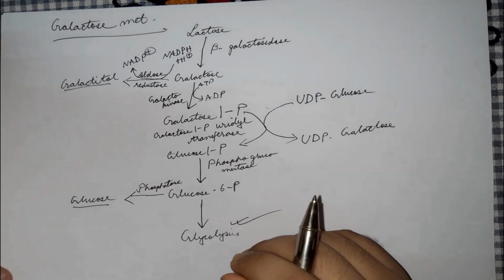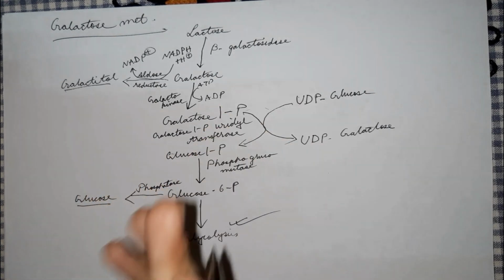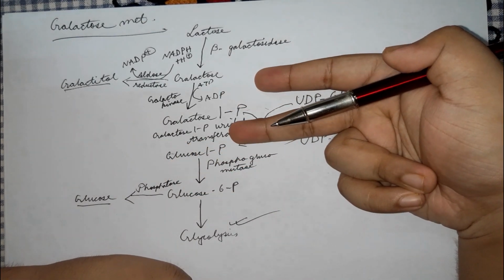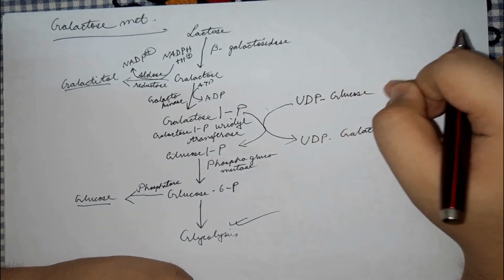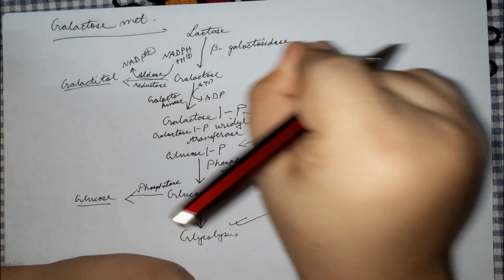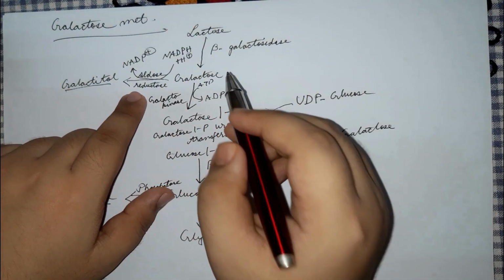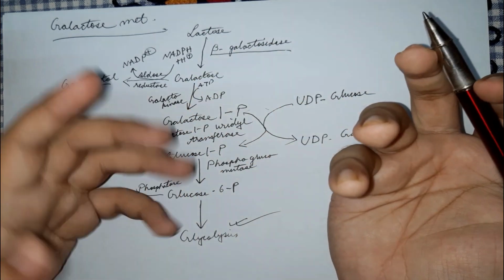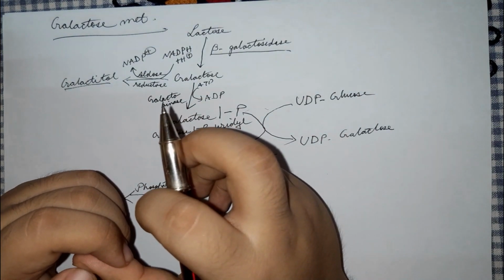As I already mentioned when I was talking about the clinical relevance of fructose metabolism, two of the enzymes there, if deficient, led to two clinical disorders. Just like that, here also, if firstly beta galactosidase is deficient, we get the very common lactose intolerance.